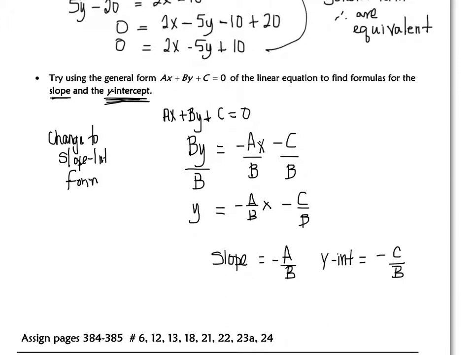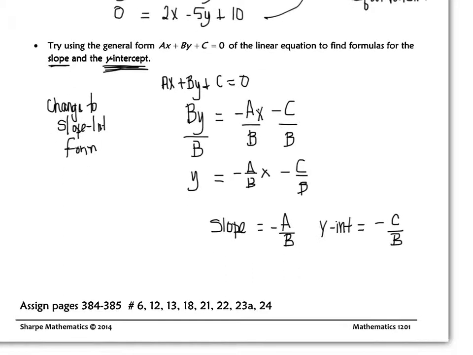So for example, if you had 2x minus 3y plus 6 equals 0. If you knew those formulas, the slope should be negative a over b, which means it should be the negative of 2 over the b, which is negative 3.